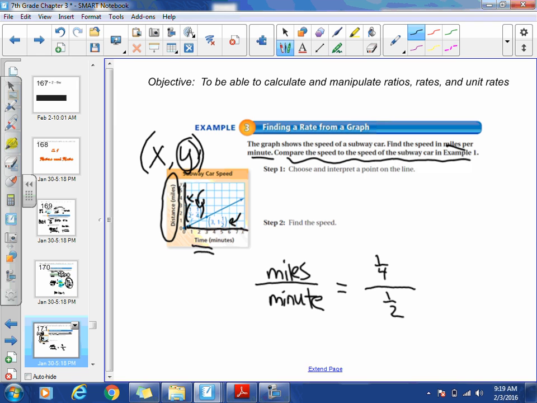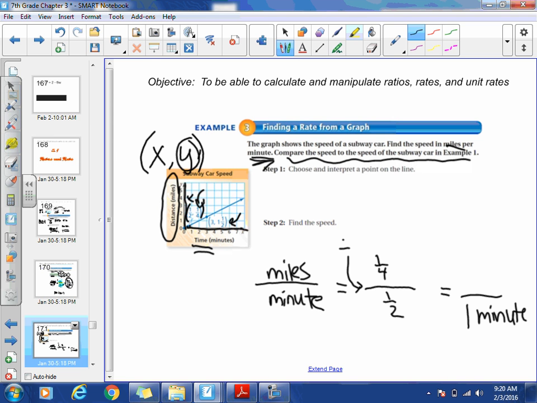Now this is a complex fraction. It's a fraction with a fraction as a numerator and a fraction as a denominator, but it's not as hard as it looks. Remember, we want to find the speed in miles per minute, so we want to find the unit rate. Instead of having a half minute at the bottom, we want per 1 minute. How far does that car go in 1 minute?